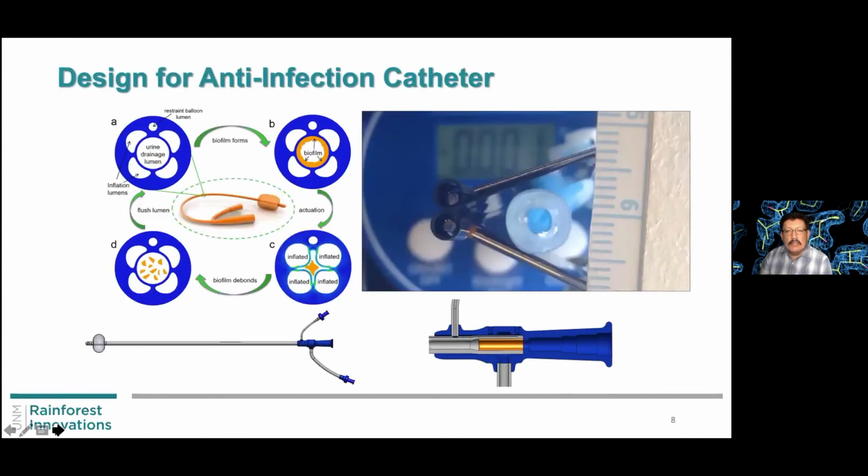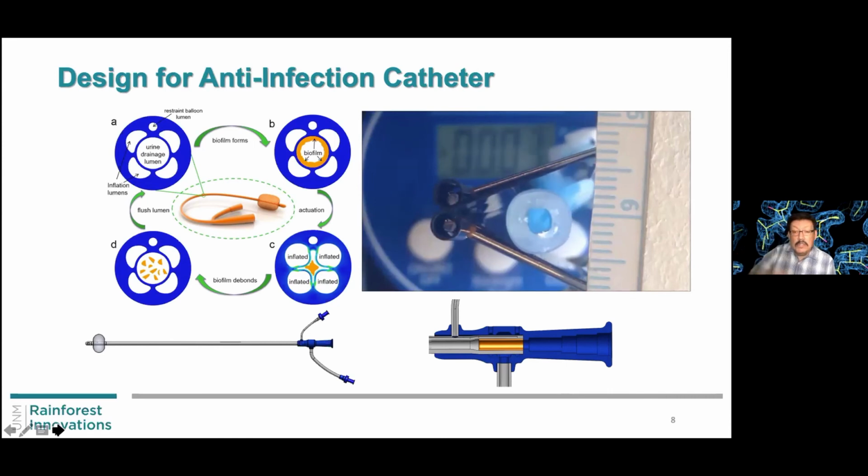So that's basically the idea: we would be able to inflate these inflation lumens, deform the lumen that's carrying the urine, and dislodge the biofilm from that lumen. And in principle, we can do this over and over again.